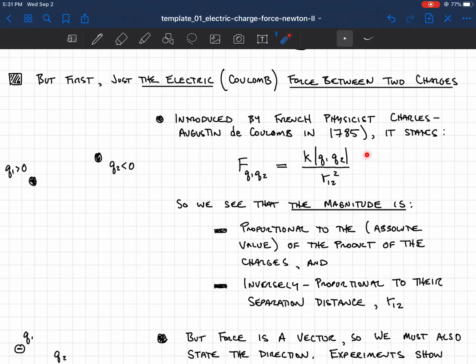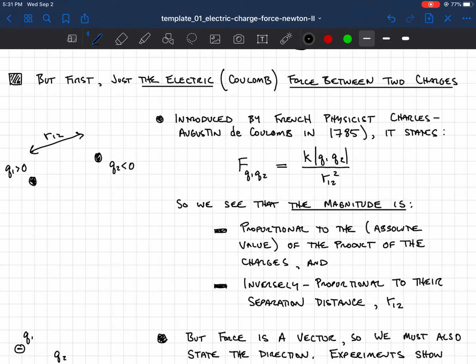So the magnitude is this equation here, which tells you that the force between two charges, like Q1 and Q2, here I'm labeling one as a positive charge and one as a negative, has a magnitude which is proportional to the product of their charges, the absolute value of that, but it's inversely proportional to their separation distance. So the separation distance on the picture here is just this distance here, that's R1,2.